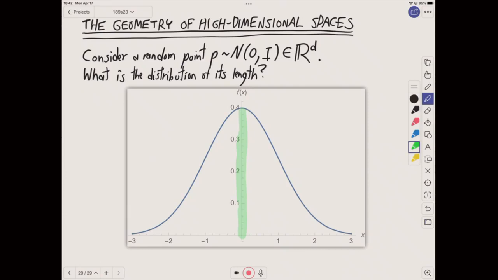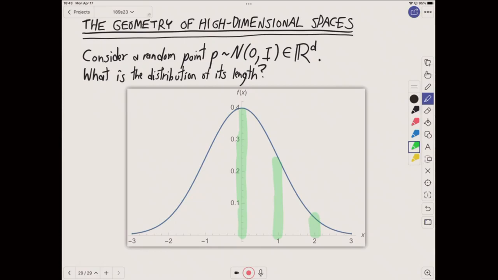That happens quite commonly. What about a point that's close to 1? Well, maybe a point in this region. That happens less commonly than a point close to 0, but it still happens pretty commonly. What about a point at a distance of 2? Well, that happens substantially less often than a point at 0 or a point close to 1, but it still happens regularly. It's not a rare event.